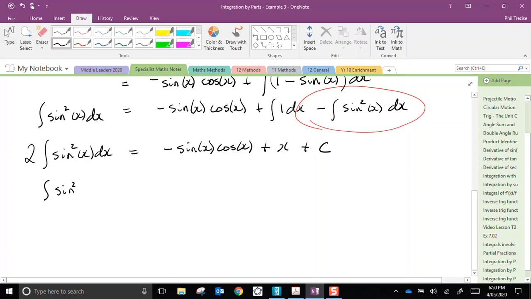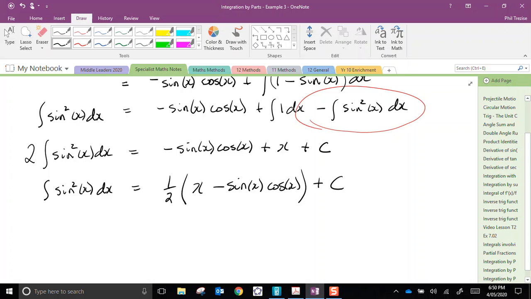The integral of sine squared x dx is 1/2. Now let's write this x first, minus the sine of x by the cosine of x plus an arbitrary constant of integration. So really, it worked out fine in the long run.